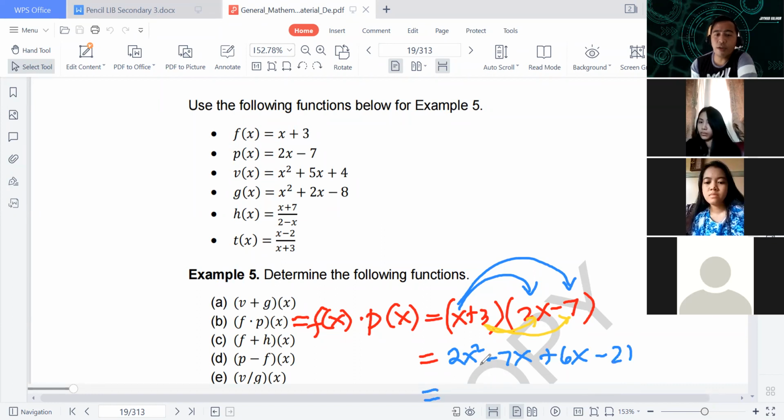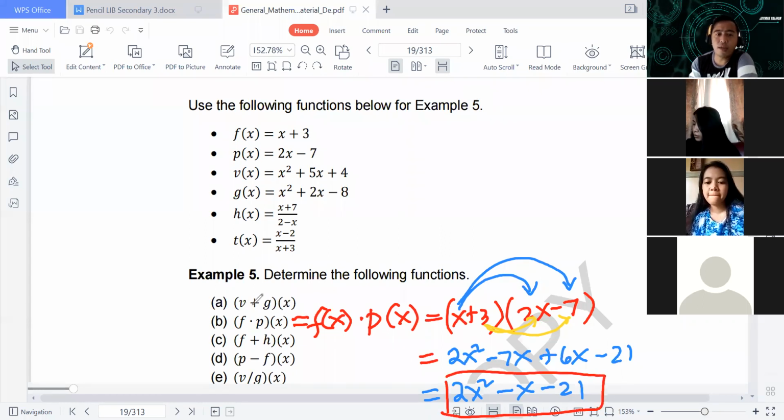And if you simplify it further, it will be 2x squared, negative x, minus 21. So that is now the answer for letter B. F times p of x is just equal to 2x squared minus x minus 21. Any questions?